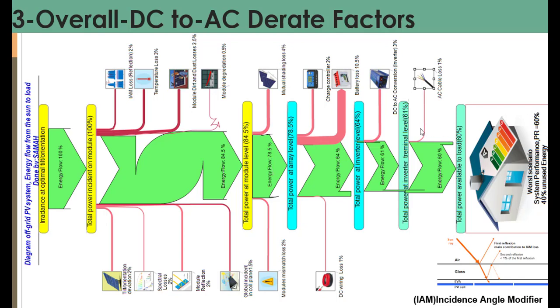So in general, if the summation of all these losses represents 40%, the system performance of the specified off-grid system will be PR equals 60%. So all these factors will cause a reduction of power, and finally a reduction in the energy that can be used for feeding the appliances in the home.